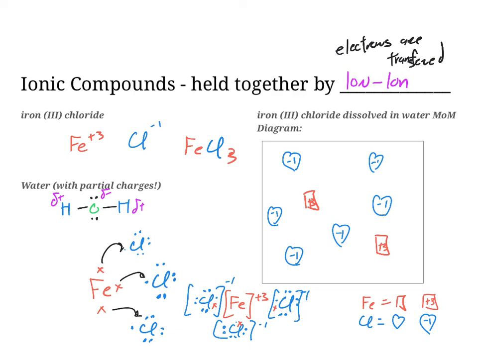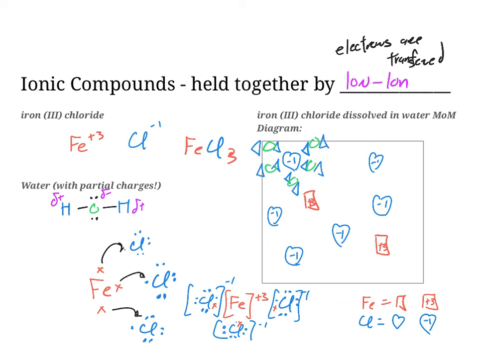And then when we add the water with a partial charge, I'm going to draw these like this. Triangle, triangle, triangle, and then circle, circle, circle, circle, circle, and then other triangles.